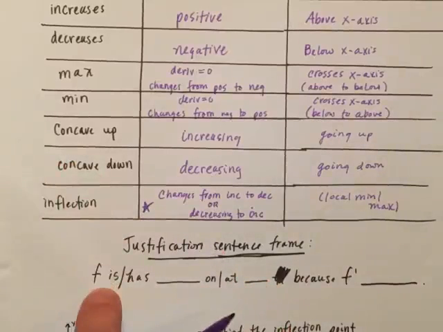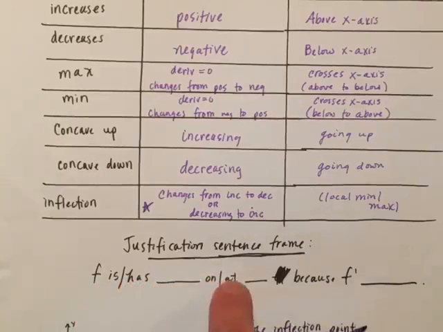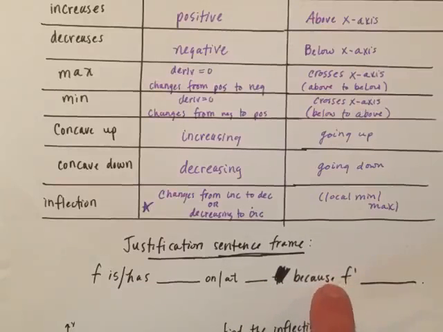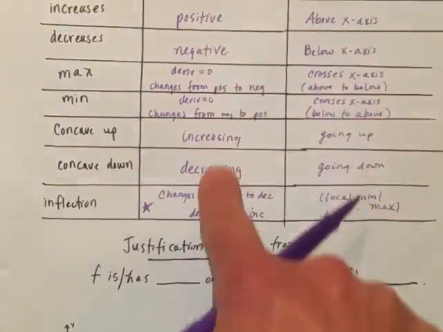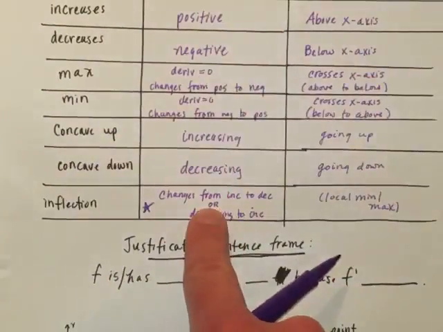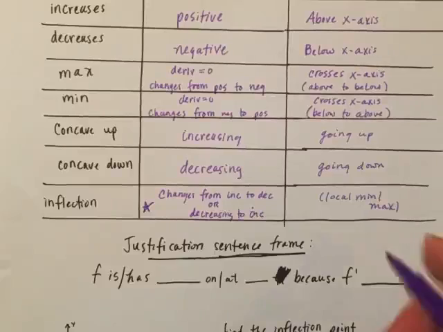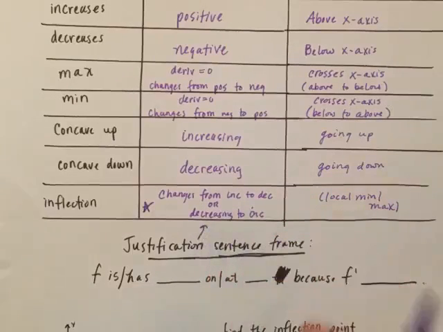If we're talking about a max or min, we'd say f has a max or min at, and we list just an x value. And then once again, we end with our f prime justification, and we can just refer to this column for that justification for what f is doing. So this doubles as our justification as well, which is really great to have.